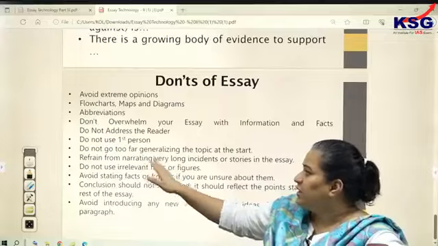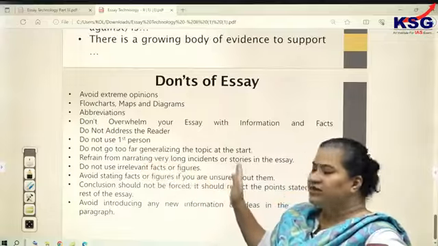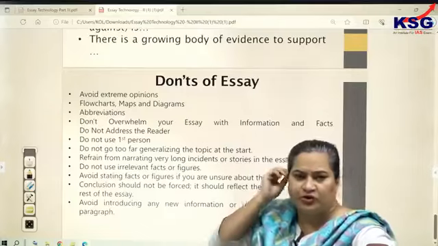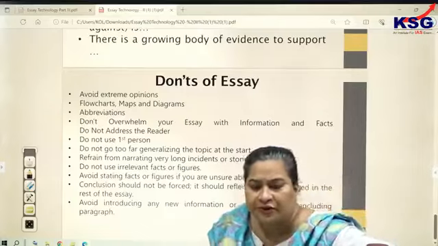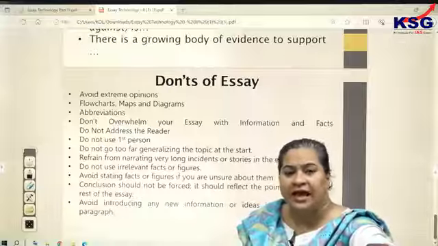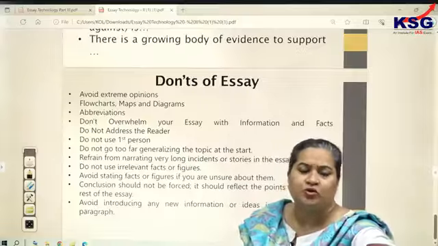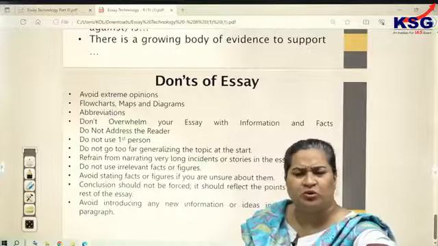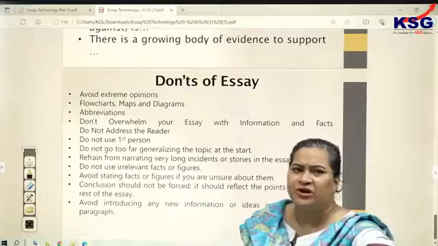Further, refrain from narrating very long incidents or stories in the essay. When I discuss types of introduction, I'll be talking about introductions based on anecdotes. Anecdotes are like short stories. But when I say short stories, it should not be more than probably 70 or 80 words.